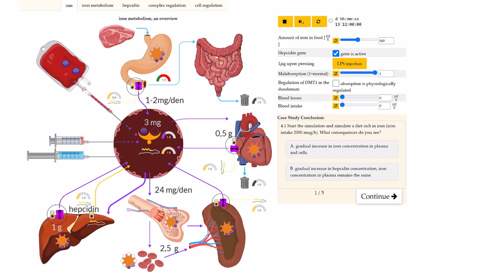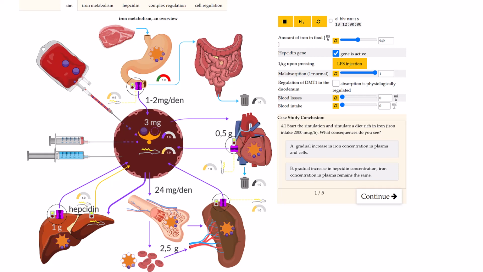Iron distribution is controlled by hepcidin at the organism's level. Hepcidin influences the release of iron from the cell via ferroportin receptors. An increase in hepcidin decreases iron release from the cell, while a decrease in hepcidin increases it.